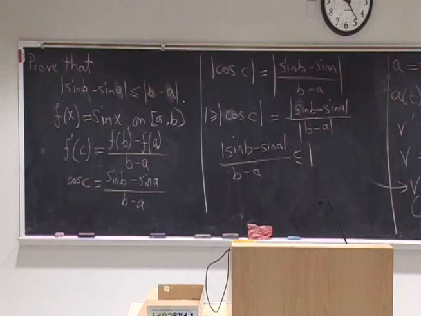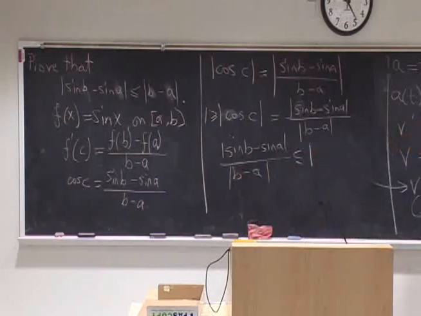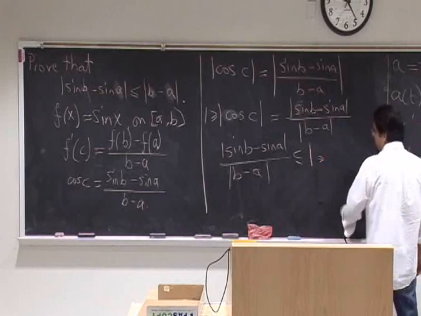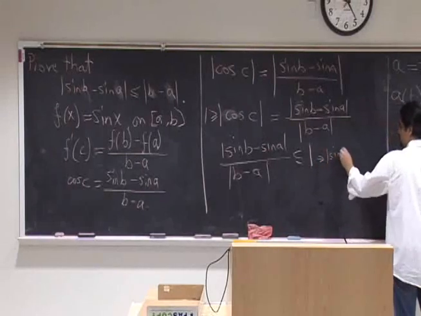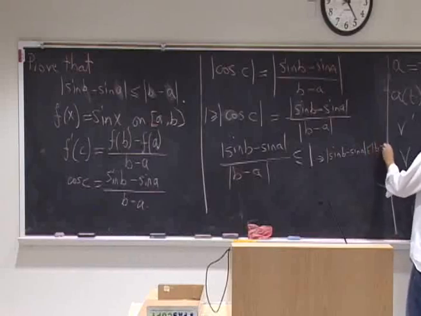Does that make sense? Now, with absolute values here, multiply both sides by the absolute value of b minus a, and you're good.